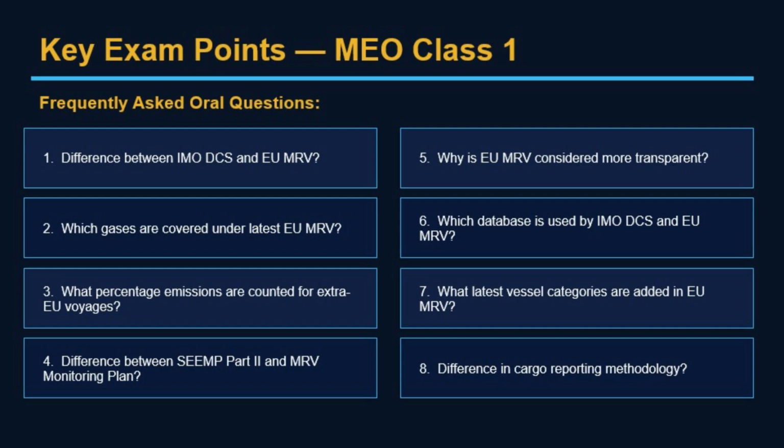Why is EU MRV considered more transparent? Which databases are used by IMO DCS and EU MRV? Which new vessel categories have recently been added under EU MRV? What is the difference between cargo reporting under IMO DCS and EU MRV? If you can answer these questions, you are well prepared for most oral examination discussions on this topic.